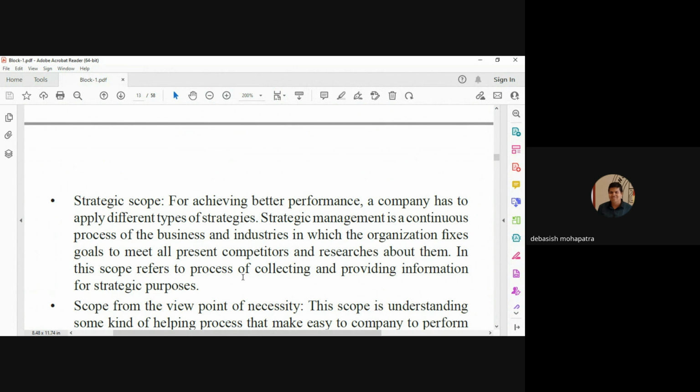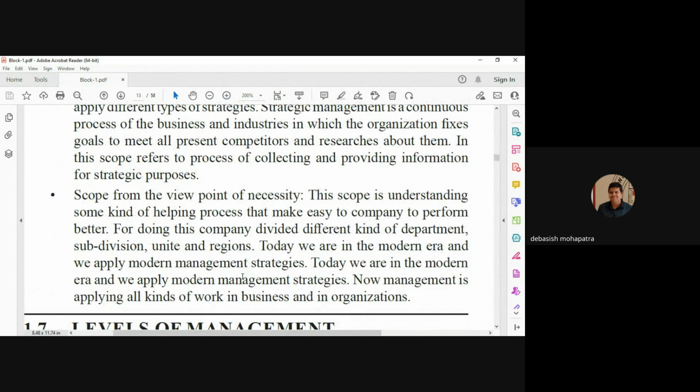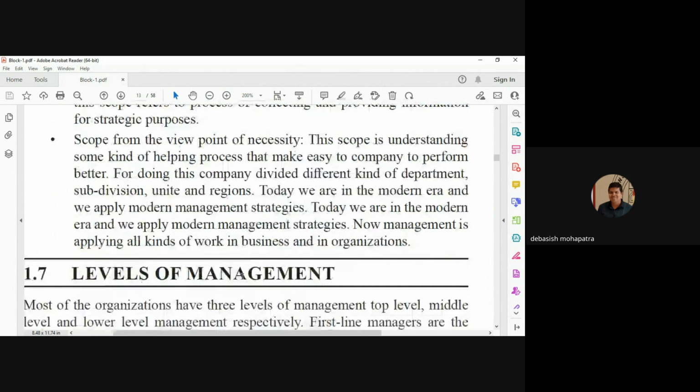Then scope from the viewpoint of necessity. This scope is the understanding of some kind of help that makes it easy for the company to perform better. For doing this, it divides into different kinds of departments, subdivisions, units and regions.